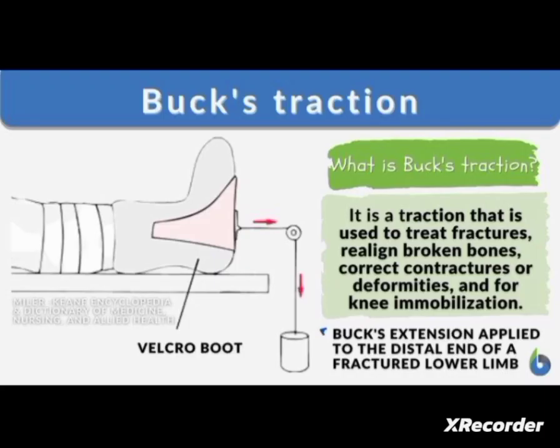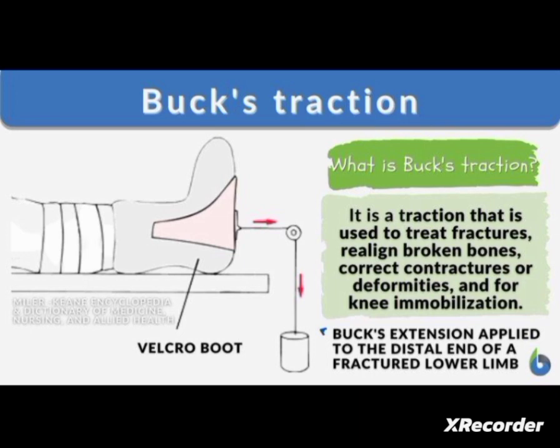Buck's extension traction is the most commonly used traction in adults. It can be used in one or both legs with 2.5 to 3.5 kilograms of weight per leg.